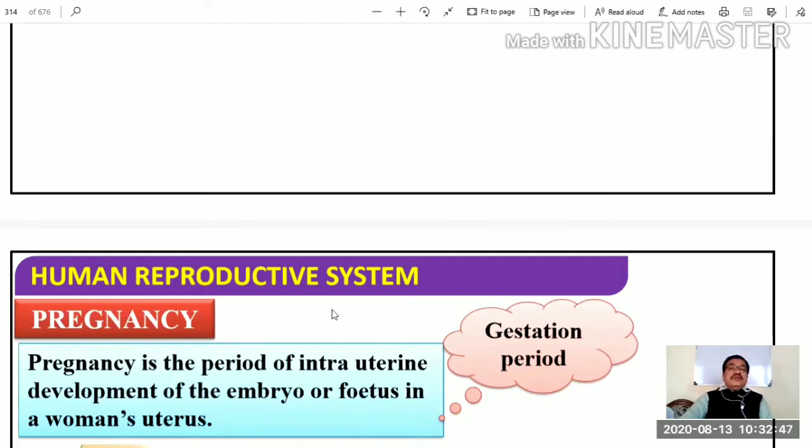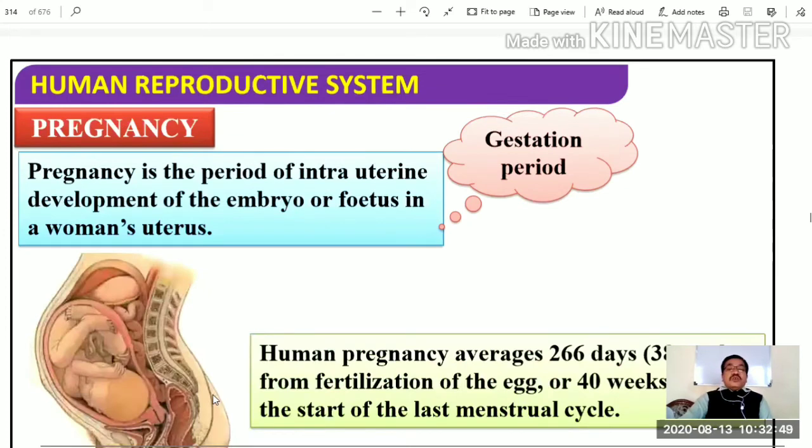What is meant by pregnancy? It is nothing but the period of intrauterine development of the embryo or fetus in the human uterus. So, development of the fetus.